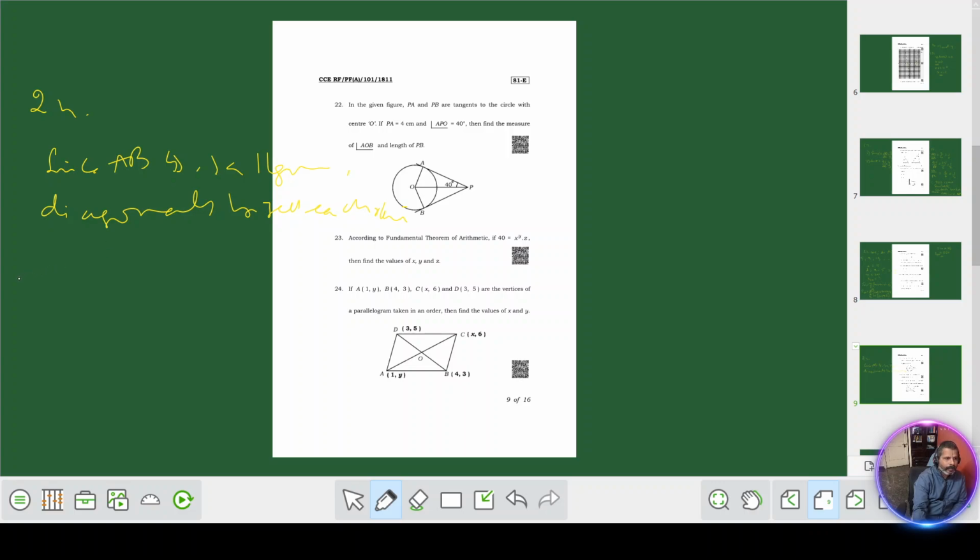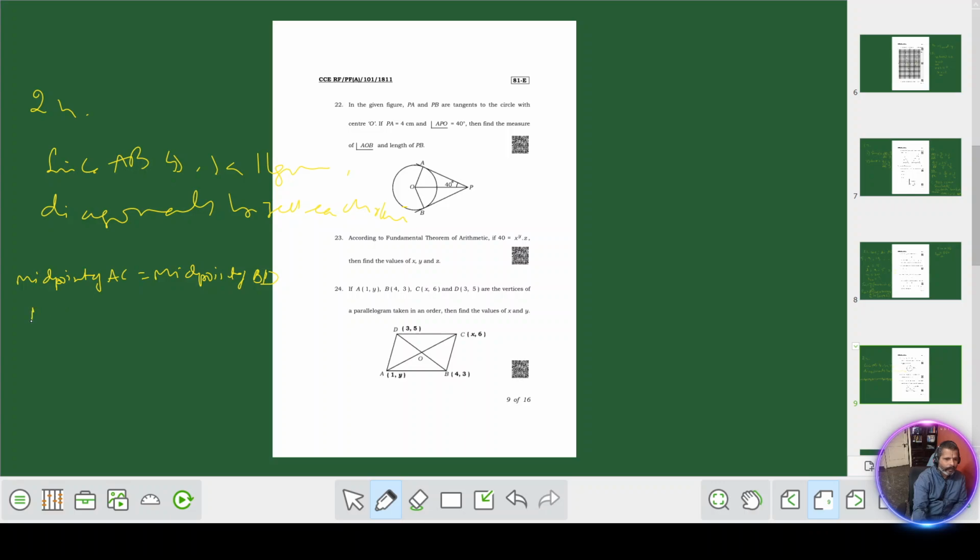That is, midpoint of AC is equal to midpoint of BD. You have to apply the midpoint formula here. Midpoint of AC means A is 1 comma y, C is x comma 6.